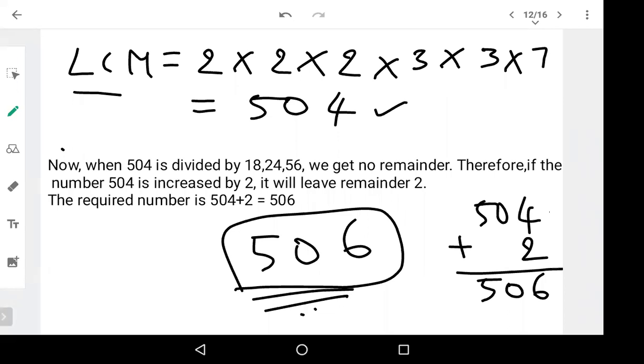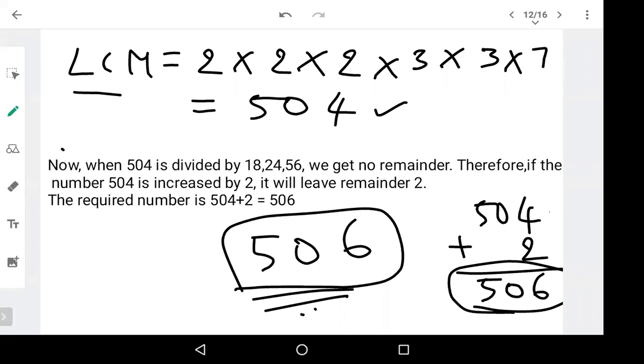Do the actual division and check. Then you will find the remainder 2. But did you understand why we got 506? Why did we add 2? Everybody understood? Everybody have to reply.